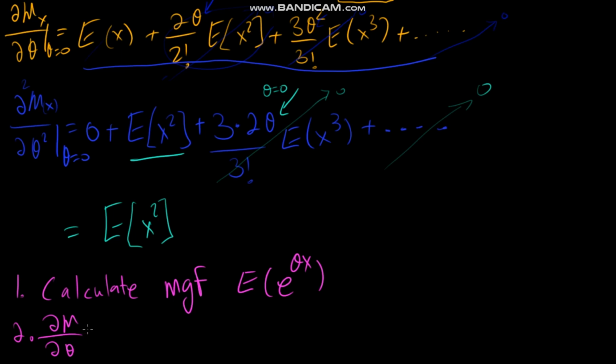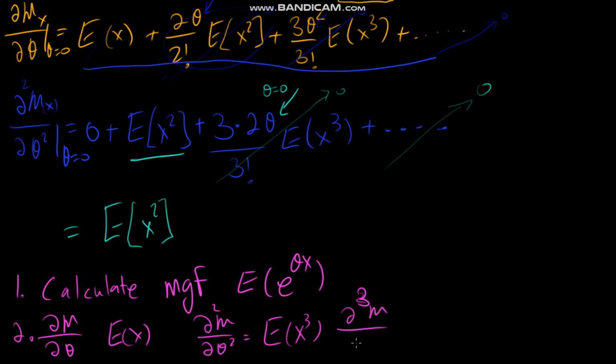So if you derive the moment generating function once with respect to theta, you will get the first moment. If you derive it twice, you will get the second moment. And of course, if you make three derivatives, you will get the third moment of our function.